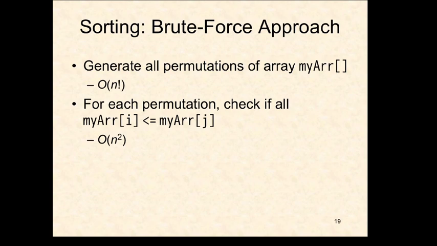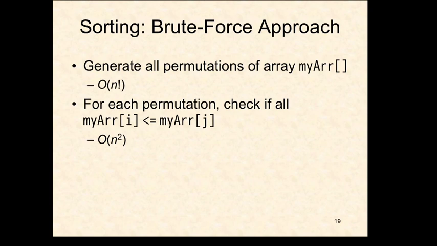In the brute force approach, we could try all permutations. And if we have n distinct values, if we have no repeats, then there are n factorial permutations of the array. So we produce all n factorial permutations. For every permutation, we do the check.